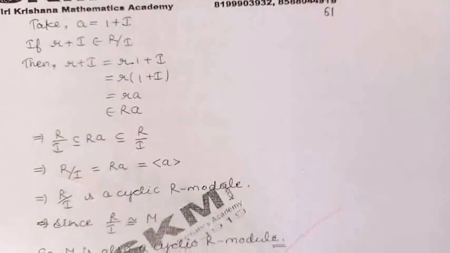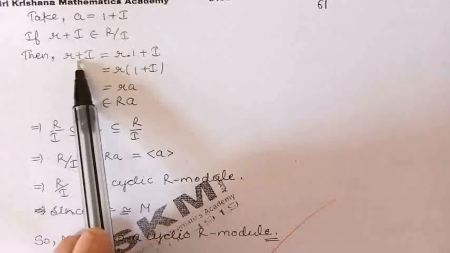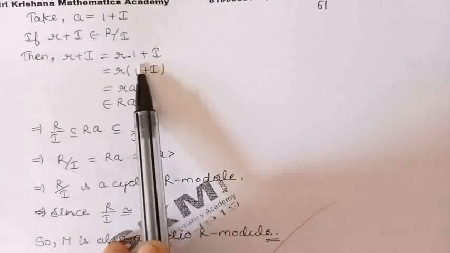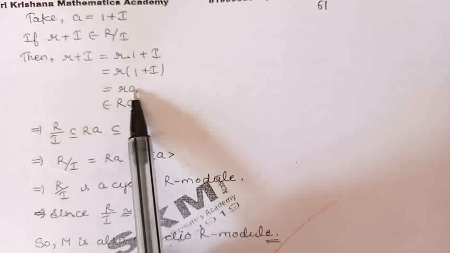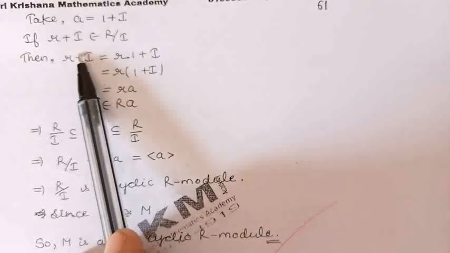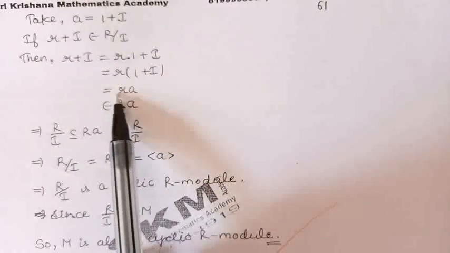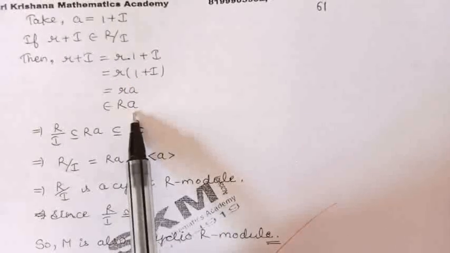Now let us take an element a, which is 1 plus I. Take r plus I belonging to the quotient ring R by I. Now r plus I can be written as r into 1 plus I. 1 plus I is a, so r plus I is of the form ra, and because r belongs to the ring R, r into a is an element of Ra.